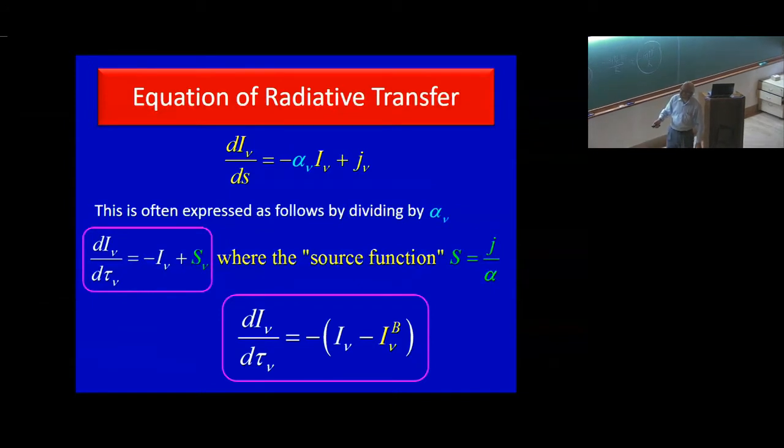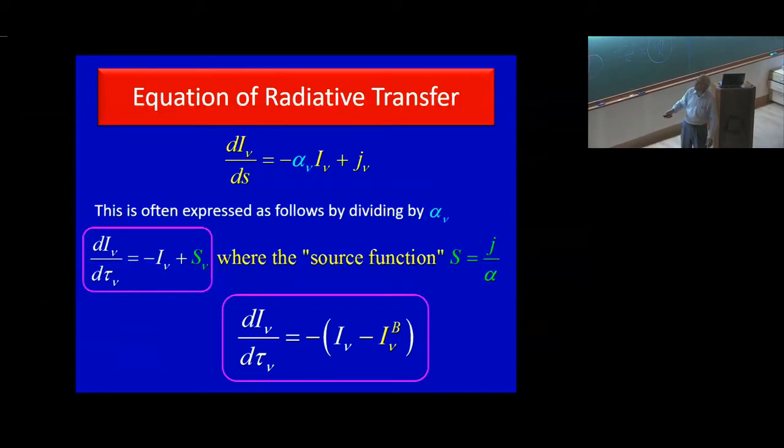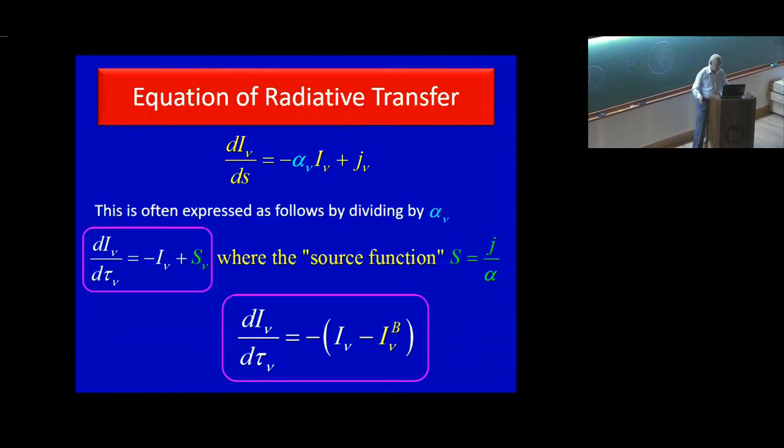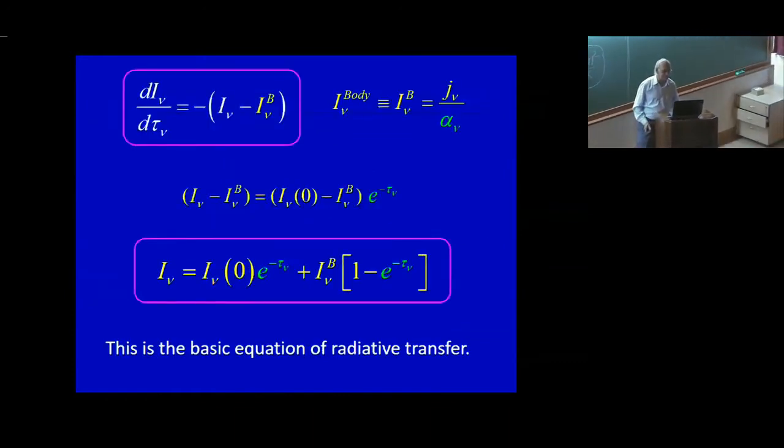Okay. So this is the equation of radiative transfer. This is the primitive form of the equation of radiative transfer. Dividing by alpha nu, I get dI nu by d tau nu is equal to minus the specific intensity minus the intensity contributed by the body itself. Now that equation will become much more transparent to you if I integrate it.